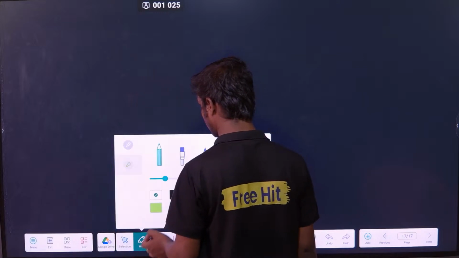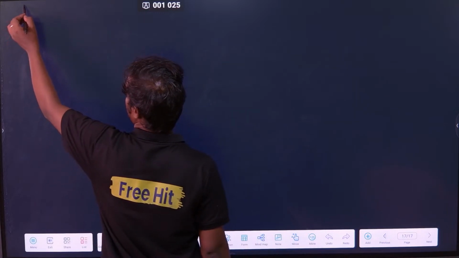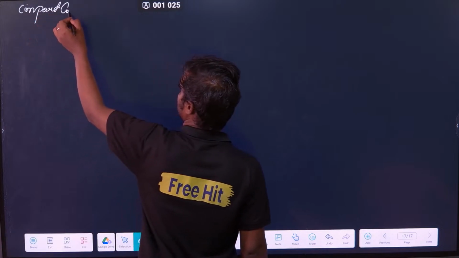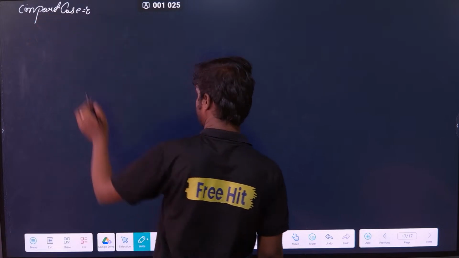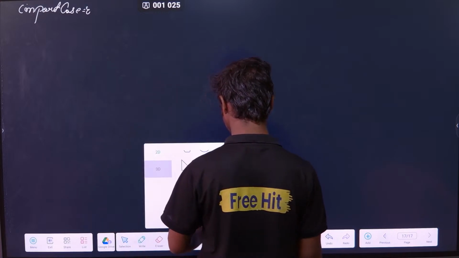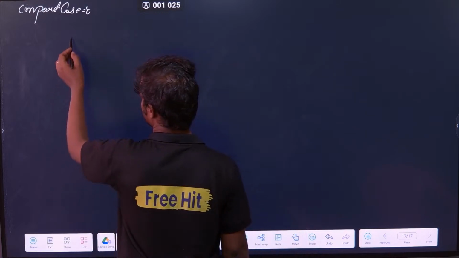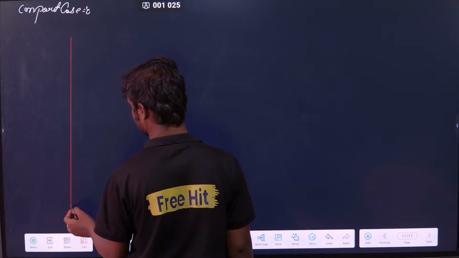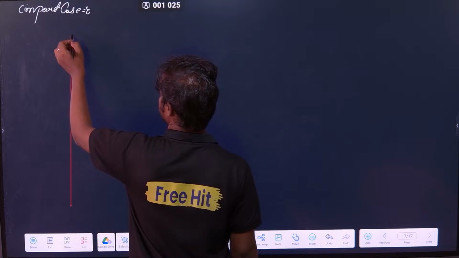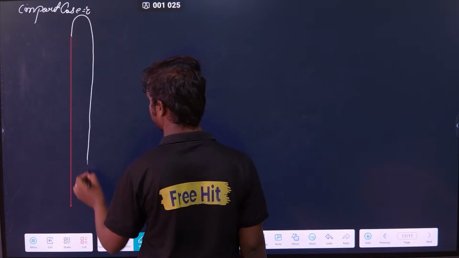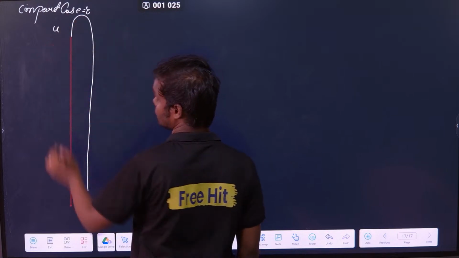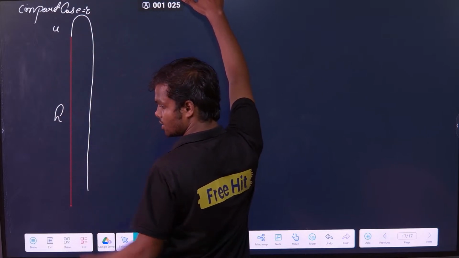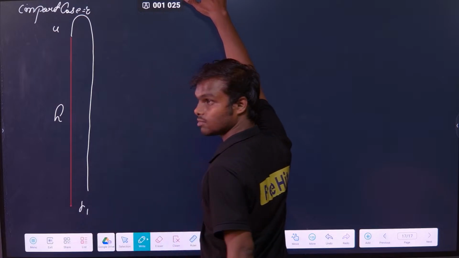Now, one important case. With velocity u, I am throwing an object and the height is h, and suppose the time taken is t1, correct?